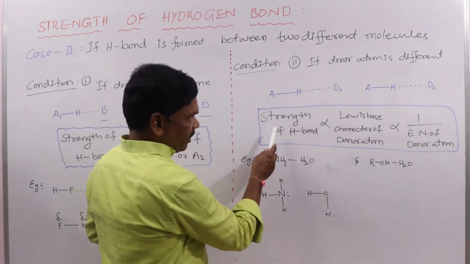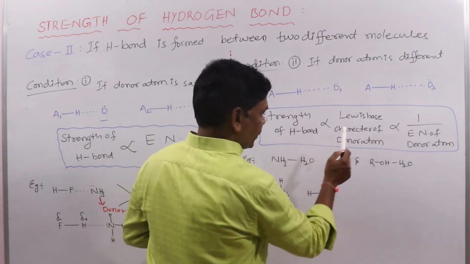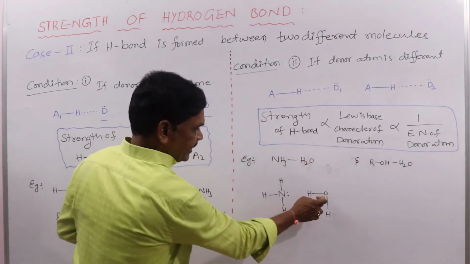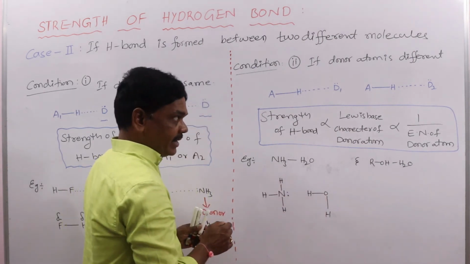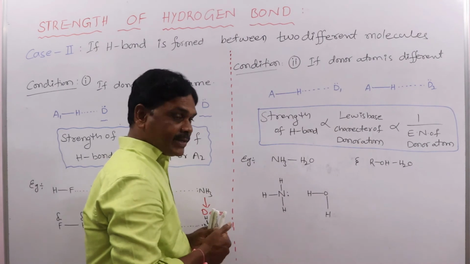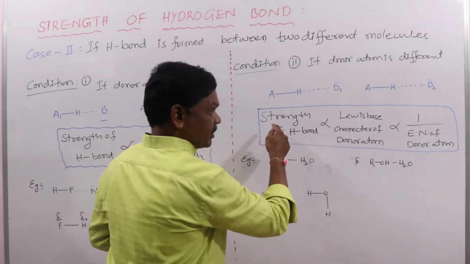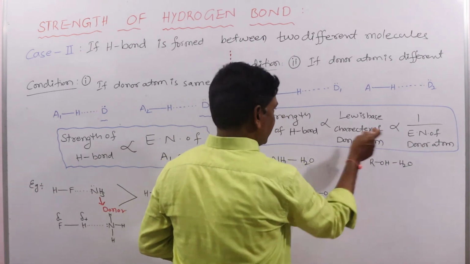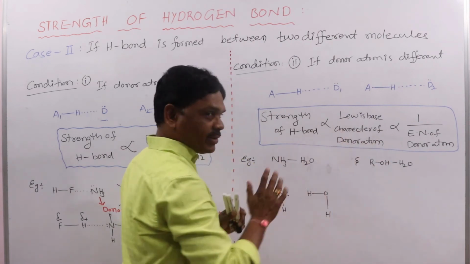Here you see, according to the strength of hydrogen bond, the Lewis base character of the donor atom. So now between these two, nitrogen and oxygen, which electronegativity is more? This electronegativity is more. So this is inversely proportional. If electronegativity is more, the strength of hydrogen bond is less, or the Lewis base character is also less.